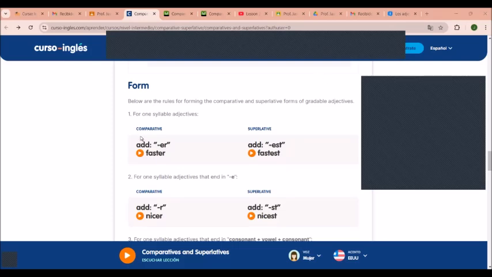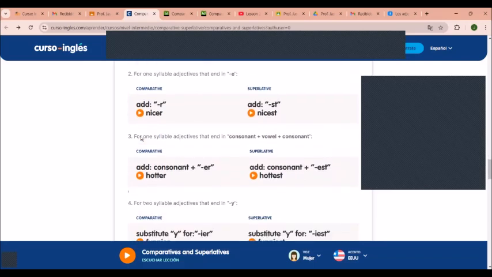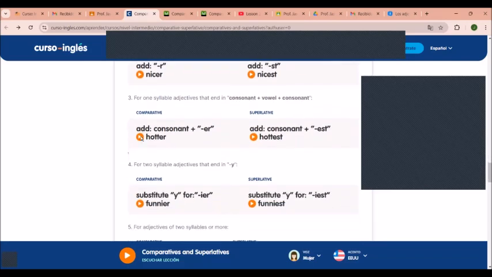Now, if your word has a consonant sound, vowel sound, and consonant sound combination, like hot or big or fun, you will need to double the last consonant sound so that you'll hear it when you add the ER or EST.